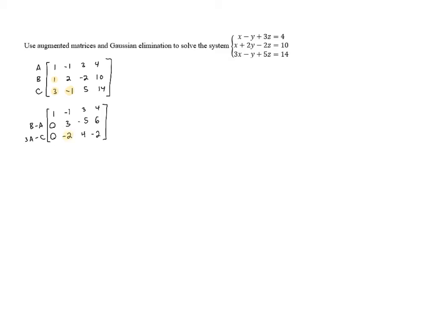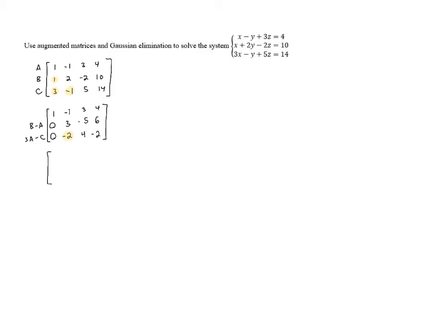We want to get this -2 to turn into a 0, but that's going to be a little bit complicated to do in a single step because 3 is not a multiple of -2 or positive 2. But one thing we can do is take this row and divide it by 2 to change this into -1, and that will make the next step easier.